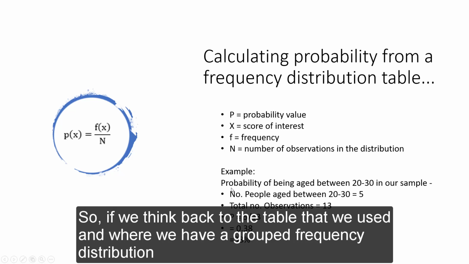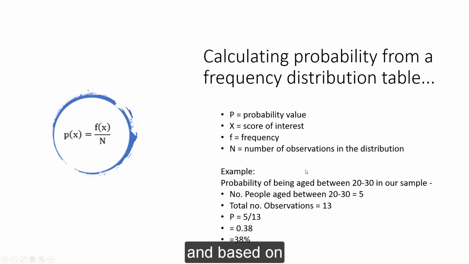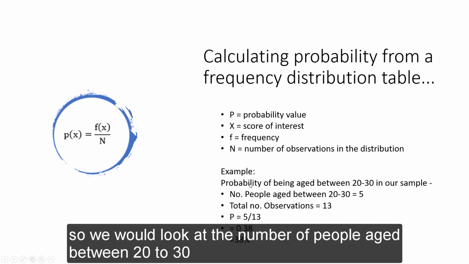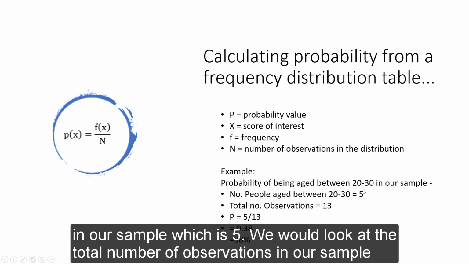So if we think back to the table that we used, when we had a grouped frequency distribution based on intervals of 10 years, perhaps we want to know the probability of being aged between 20 to 30 in our sample. We would look at the number of people aged between 20 to 30 in our sample, which is 5.